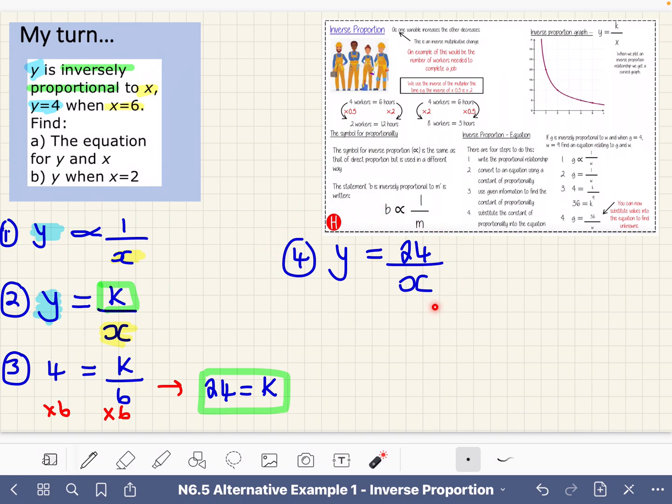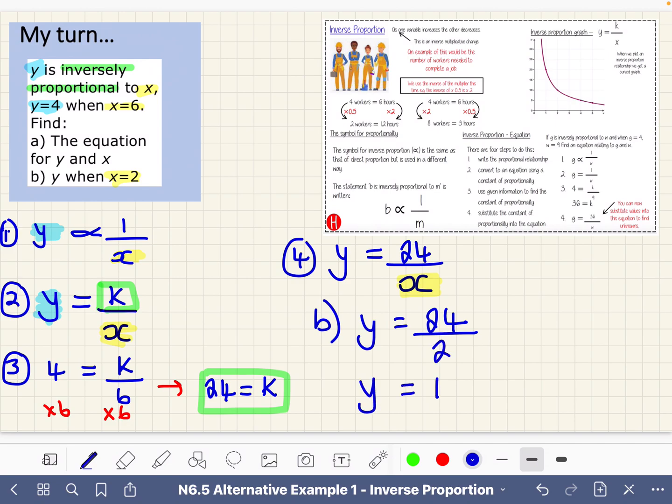We can now use this to work out what y is when x is 2. So part B would be to substitute the value of x is 2 into this equation here. So we have y is equal to 24 divided by 2, giving me y is equal to 12.